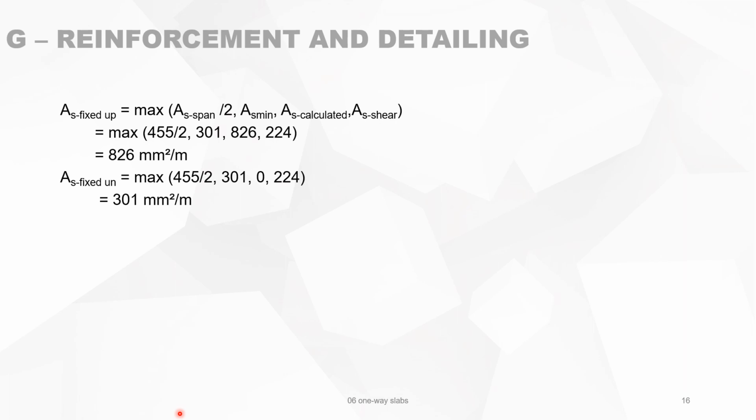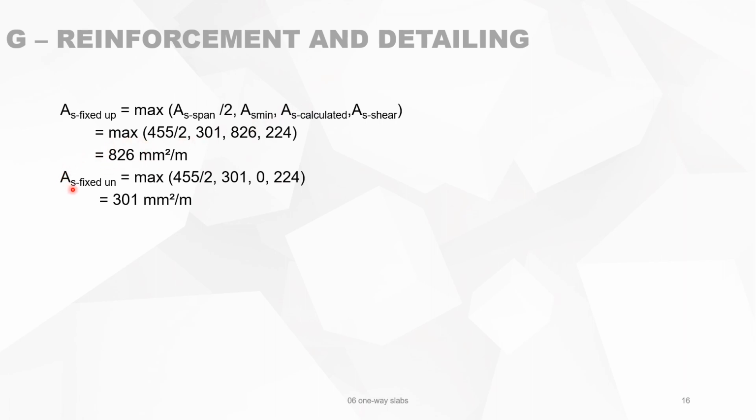The needed reinforcement at the fixed end support, on top of the slab, is then the maximum of the reinforcement in the span, the minimum reinforcement, the calculated reinforcement, and the reinforcement needed for shear. So this means that we need 826 square millimeters per meter.